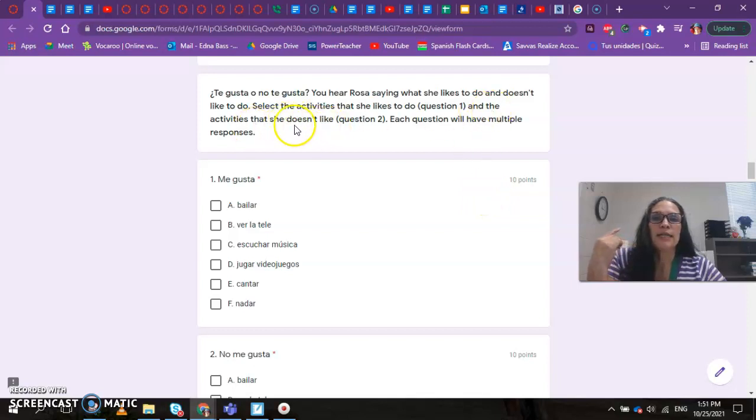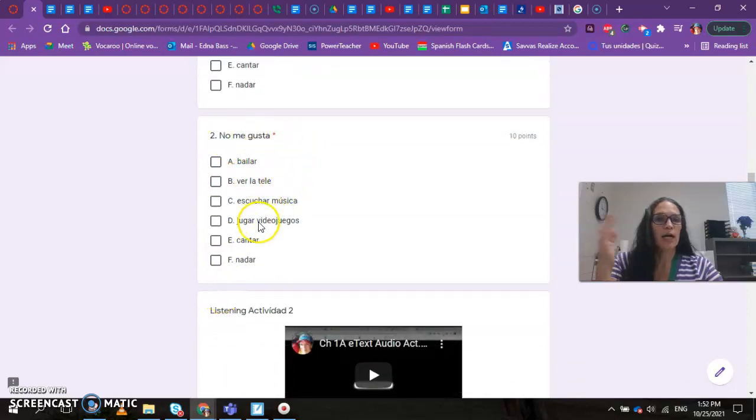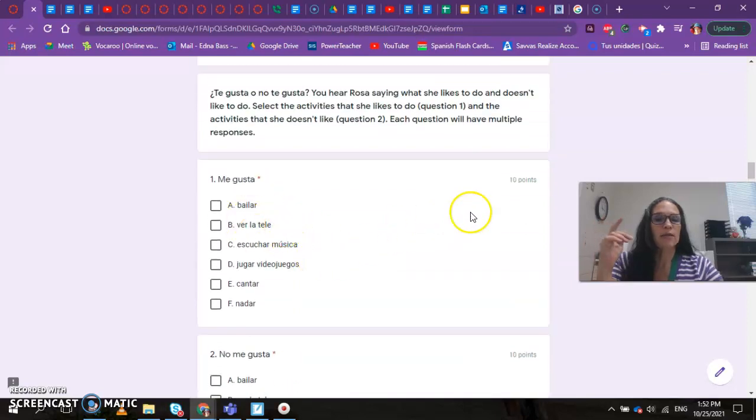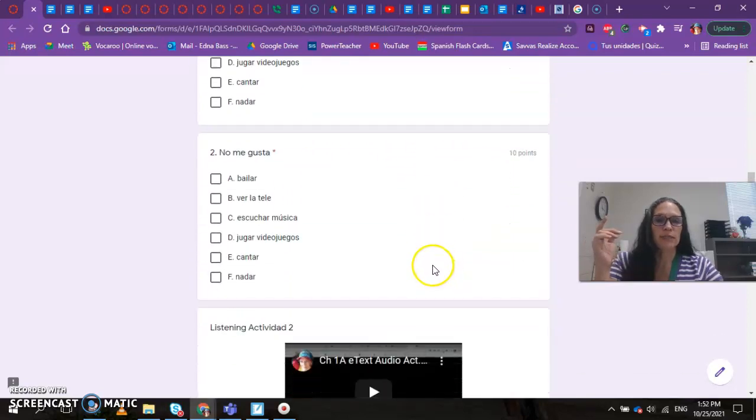And then she's going to say the activities that she does not like, they are together. She's talking about, oh, I like to do this, I like to do that, I don't like to do this, and I also like this, but I don't like that. So you need to pay attention to what she's saying that she likes and that she does not like, so you check accordingly. For the I like, me gusta, you check whatever you hear, and for no me gusta, I don't like, you check whatever you hear. So you need to have them correct so you can get your 10 points for each one of these.